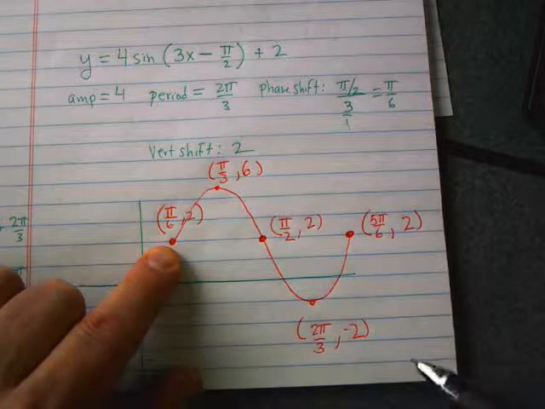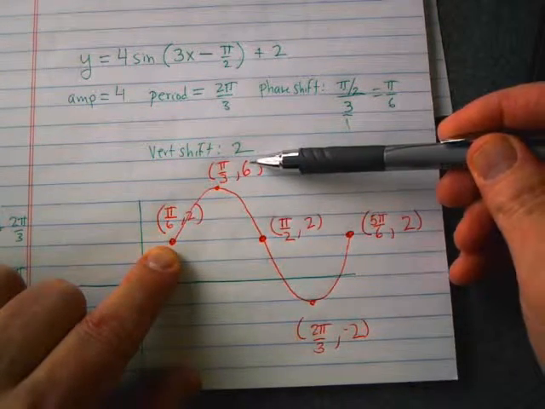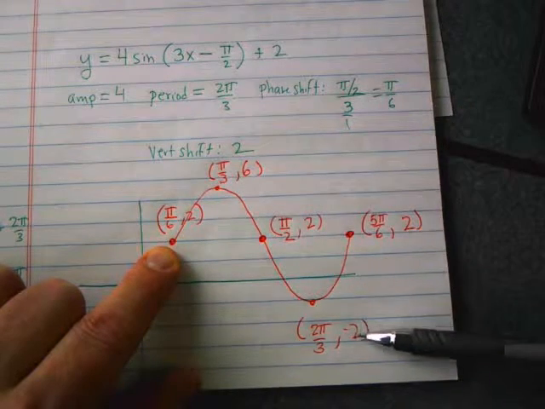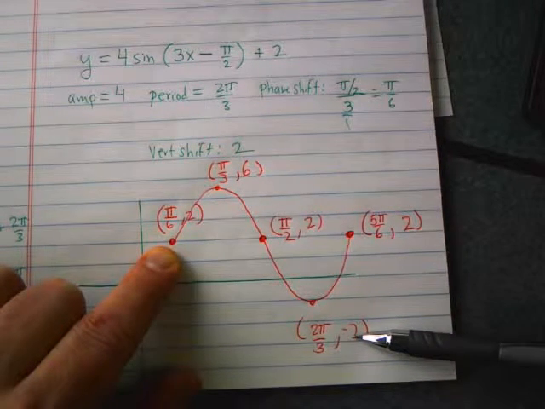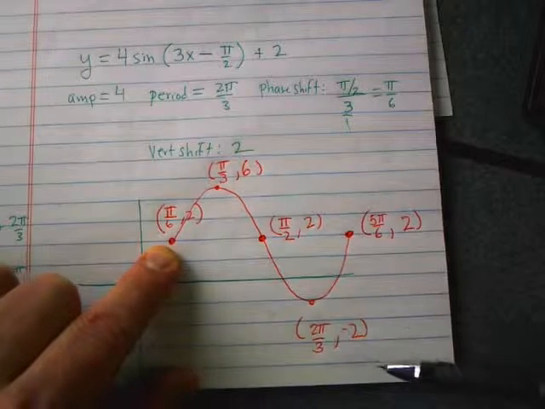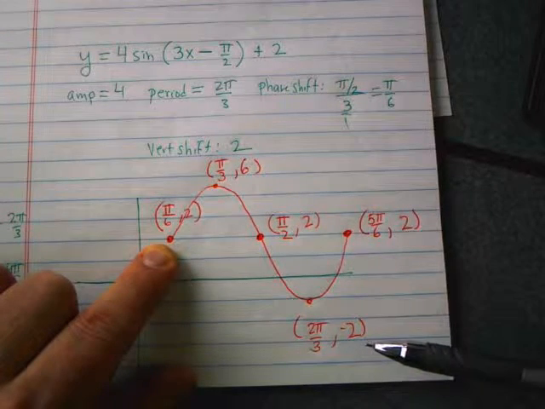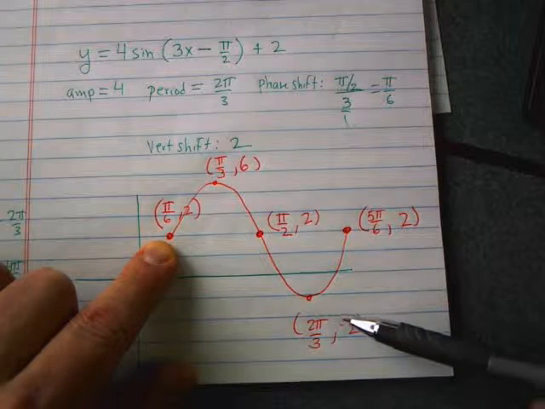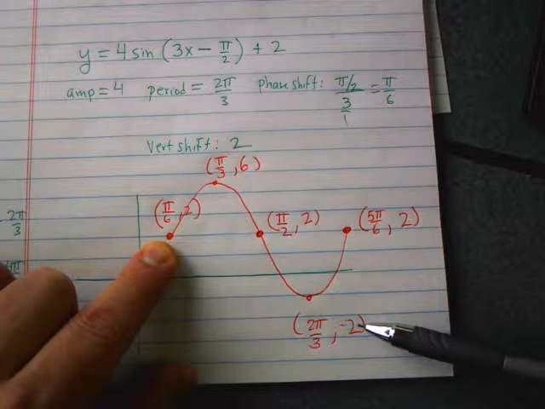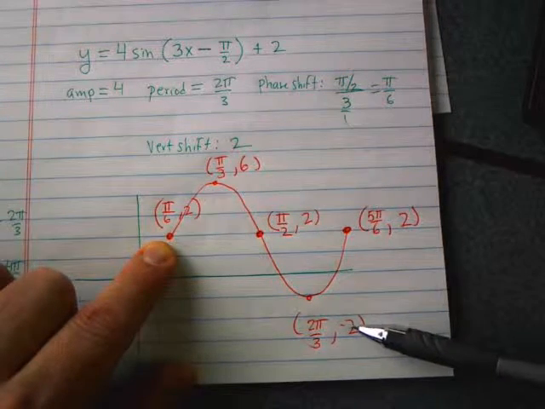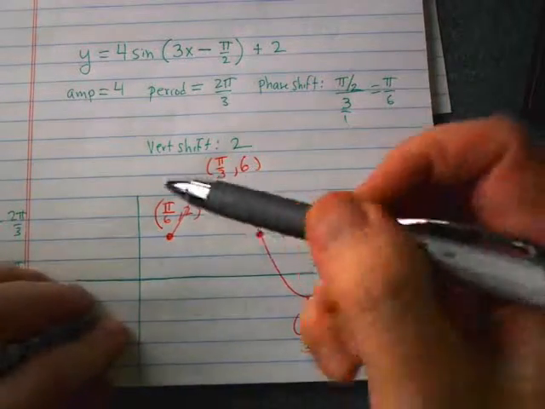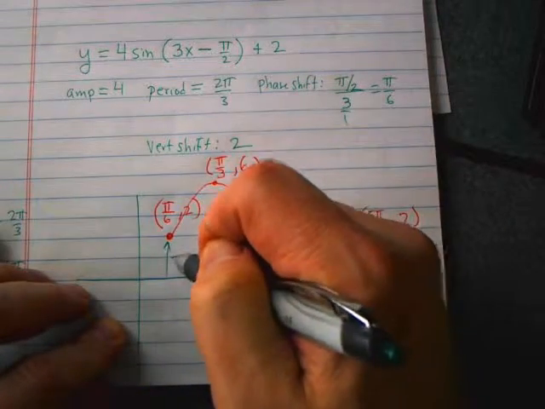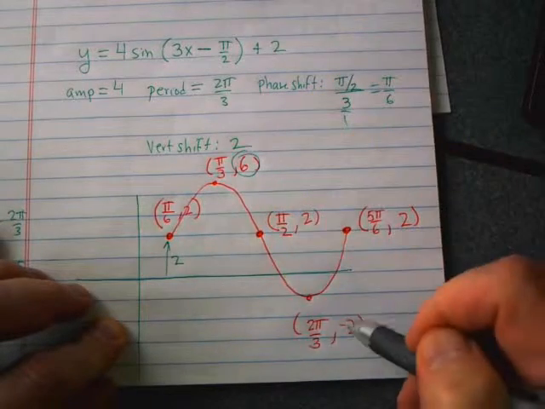How does our vertical shift relate to our highest point and our lowest point? Our vertical shift was 2. What's that have to do with those two numbers?